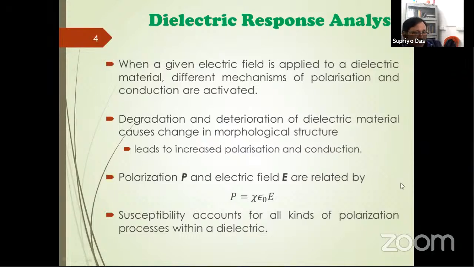This susceptibility accounts for all kinds of polarization process within a dielectric. So if there is any degradation or deterioration of the material, in that case, this susceptibility chi reflects the material characteristics.